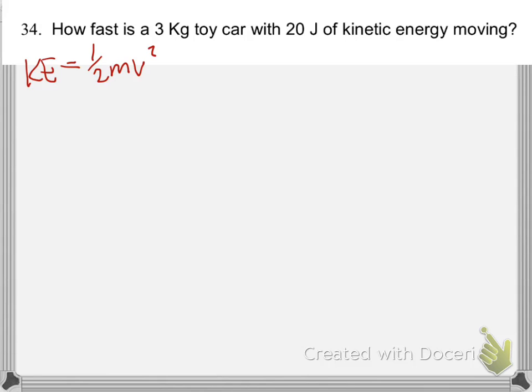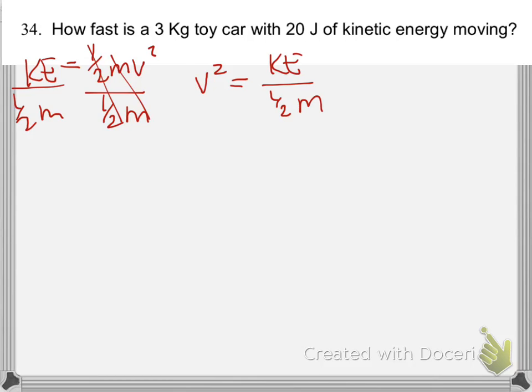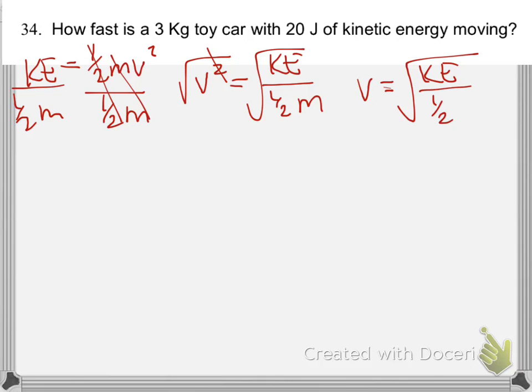We need to get our velocity by itself, so again we're going to divide both sides by half m, and we'll get v squared equals kinetic energy divided by half m, and we will square root both sides, so we will get our velocity equals the square root of kinetic energy divided by half of our mass.